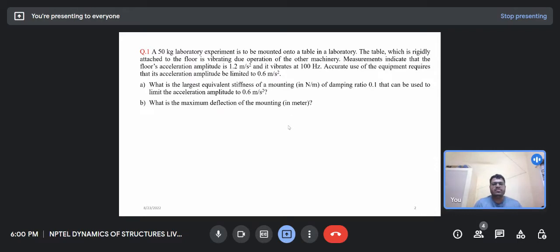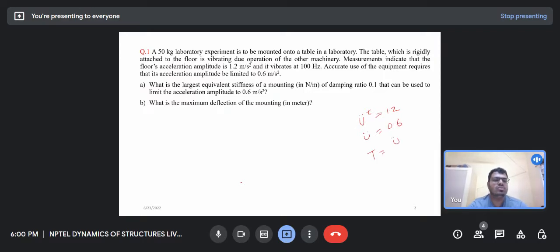So you have given the total vibration u double dot t as 1.2, and the equipment vibration, which is limited, is given as 0.6. So you know what is the transmissibility?